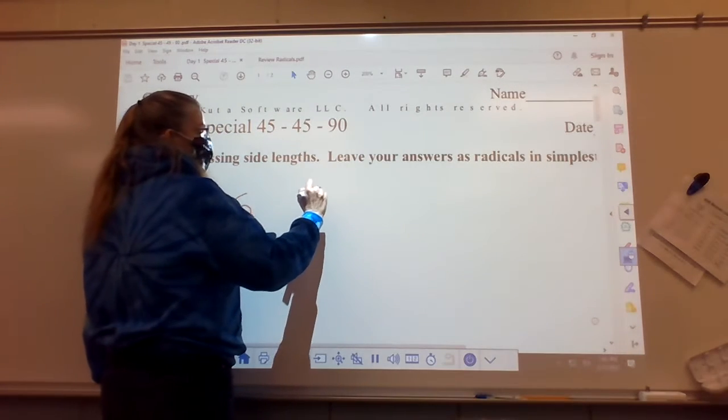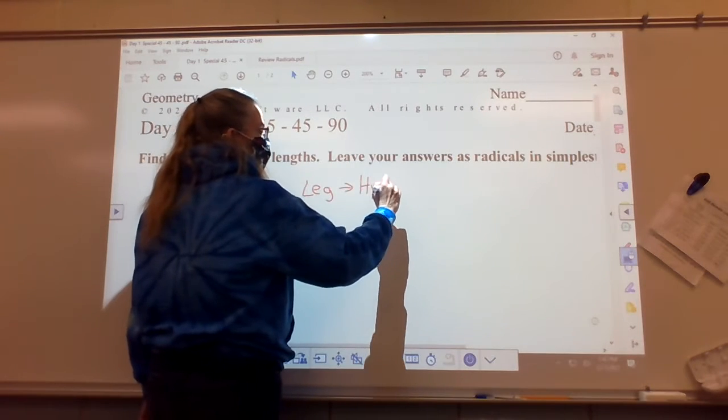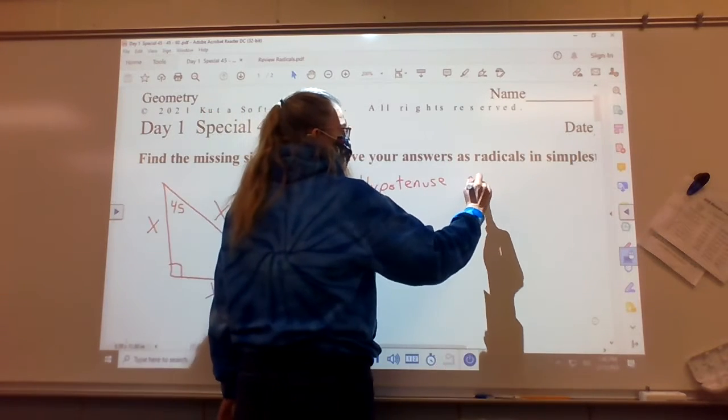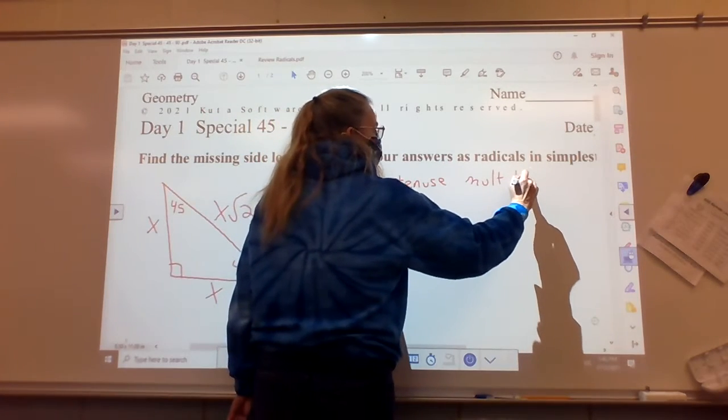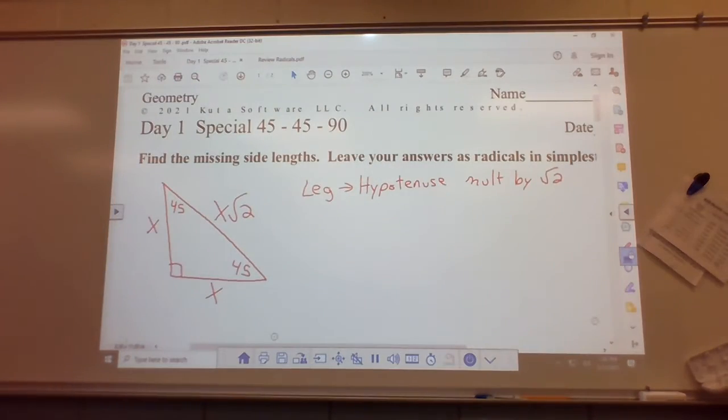Now, if I have a leg and I need to get to the hypotenuse, the hypotenuse is bigger. So if it's leg to hypotenuse, you're going to multiply by square root of 2. So if I give you a leg and you're going to the bigger side, you're going to multiply.